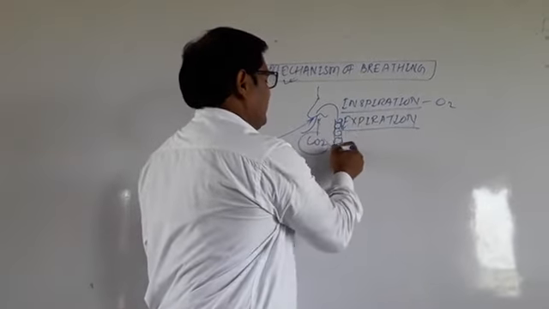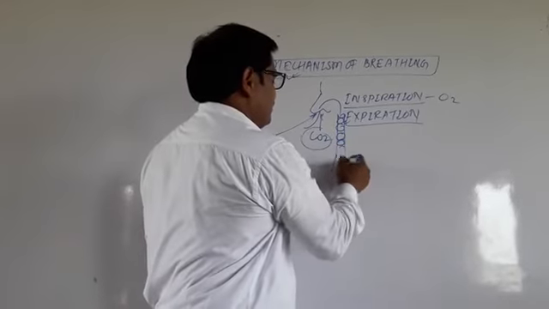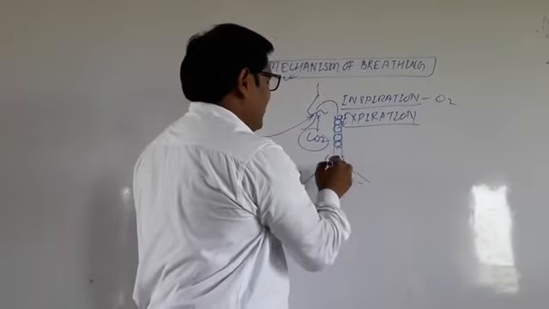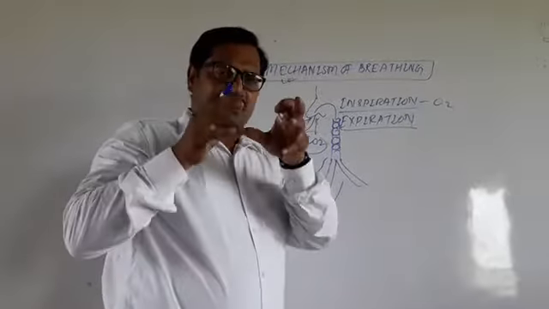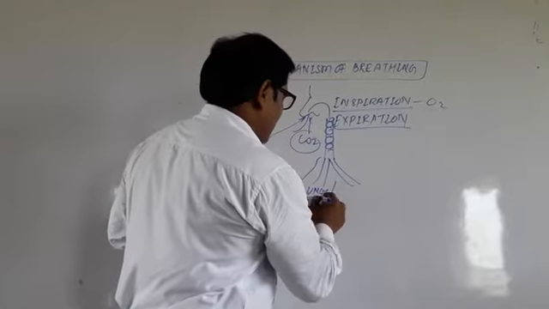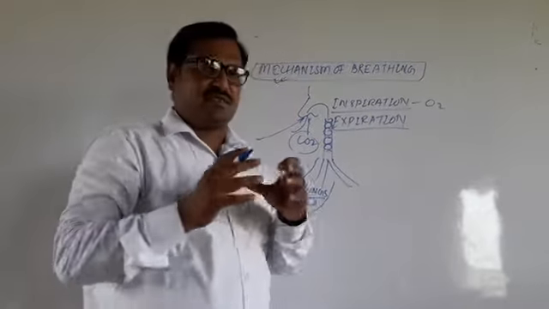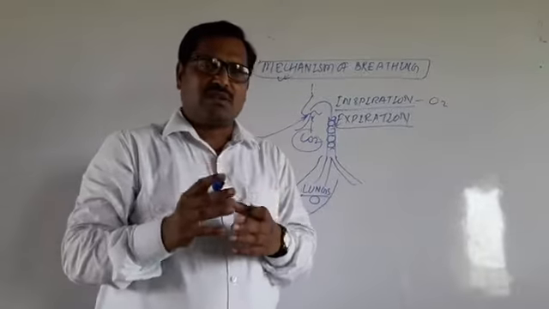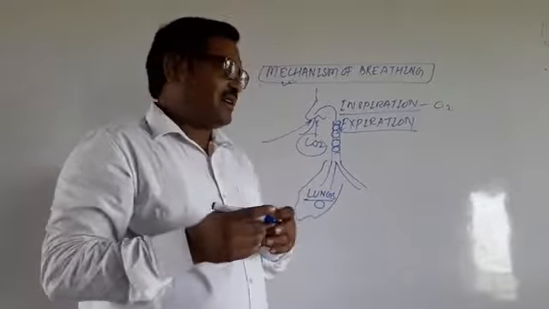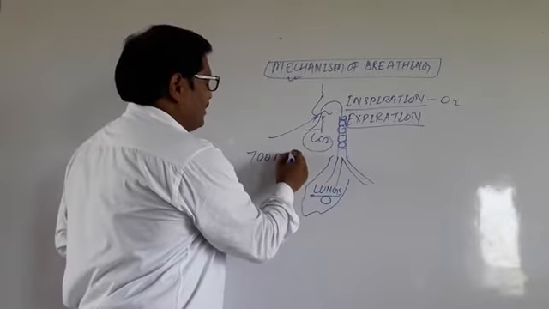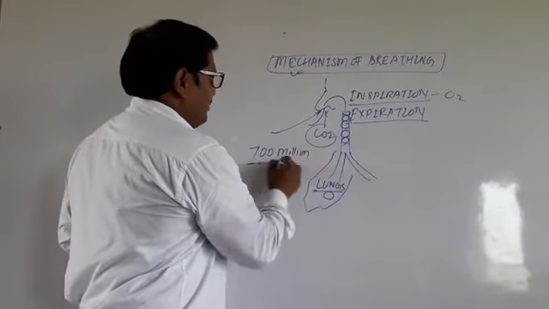The trachea ultimately divides into two parts, and the oxygen reaches the lungs. In the lungs there are different respiratory sites called alveoli. There are about 700 million alveoli in the human body.